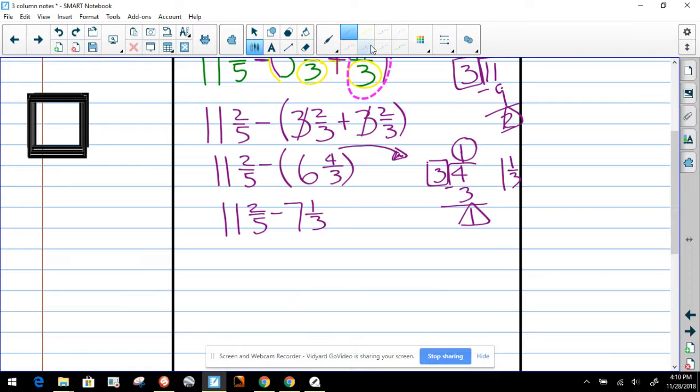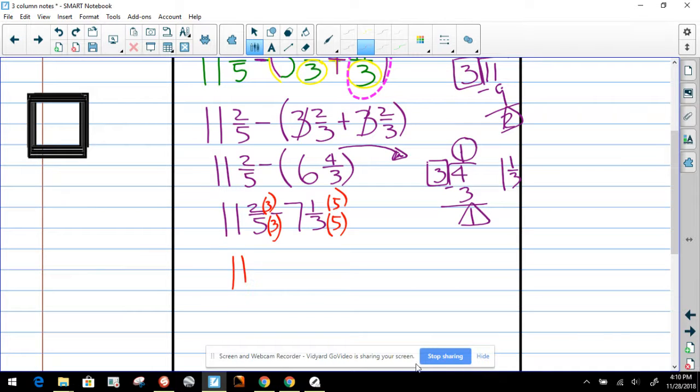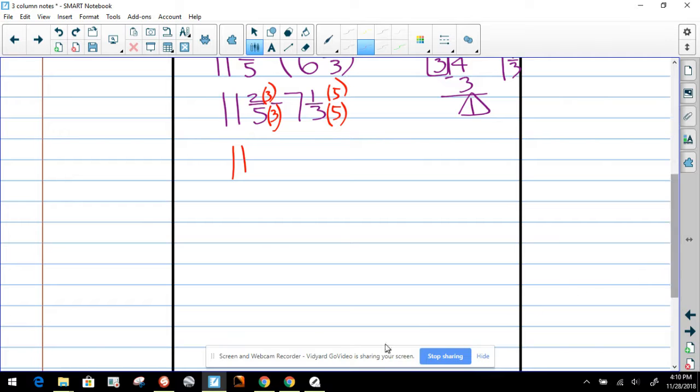Now, since we have what we call unlike denominators, we have to find the common denominator. So the opposite denominator of 5 is 3, and the opposite denominator of 3 is 5. So now we can rewrite it. 11, 2 times 3 equals 6, 5 times 3 equals 15.